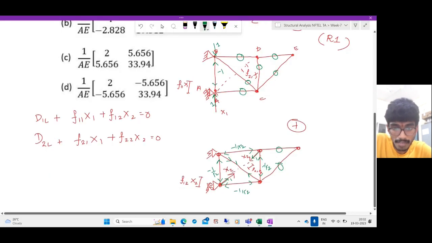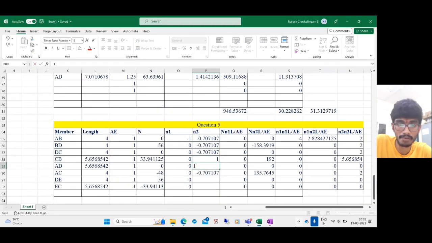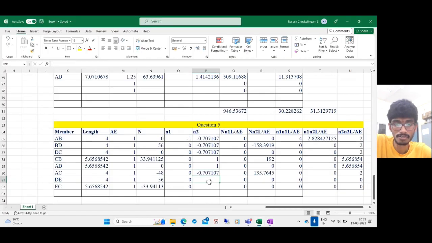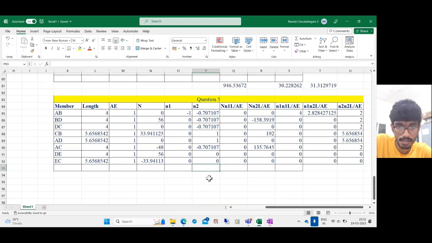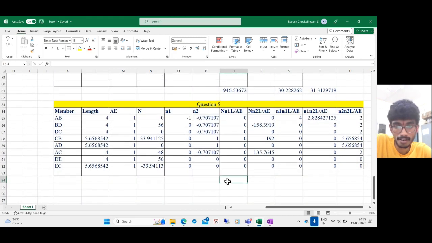What is the force in the members AD and BC? AD it is 1, and BC also it is 1, tensile. DE and EC are known to have zero forces. Therefore, what is the total force we have.